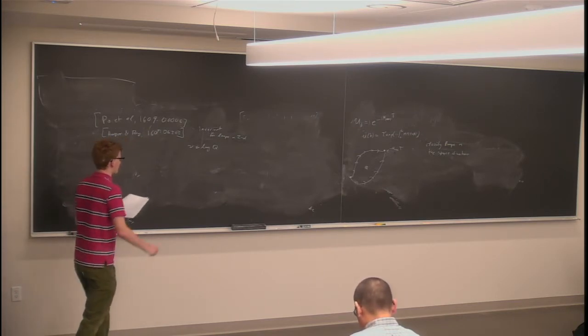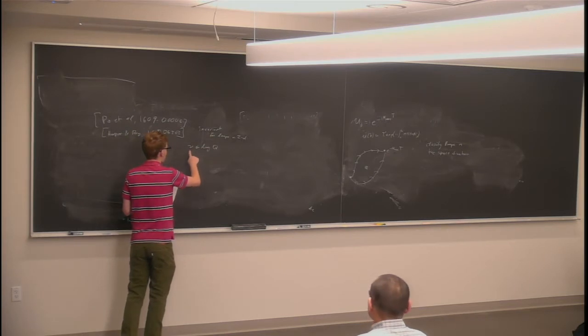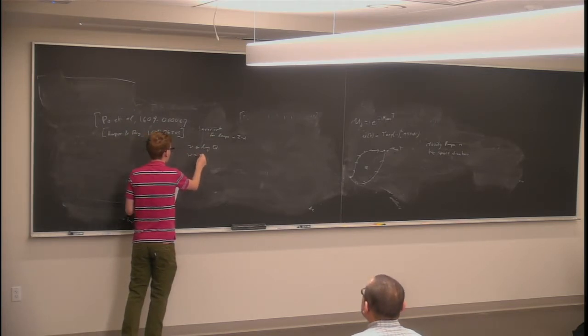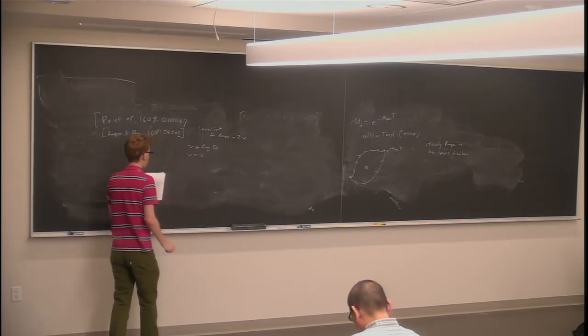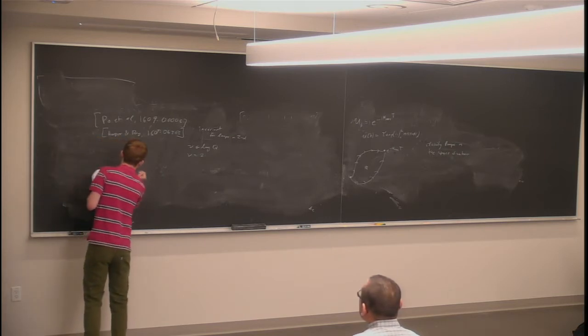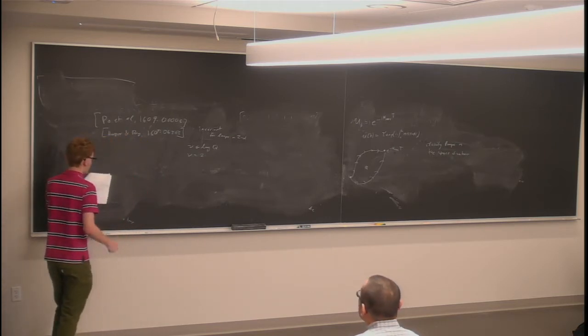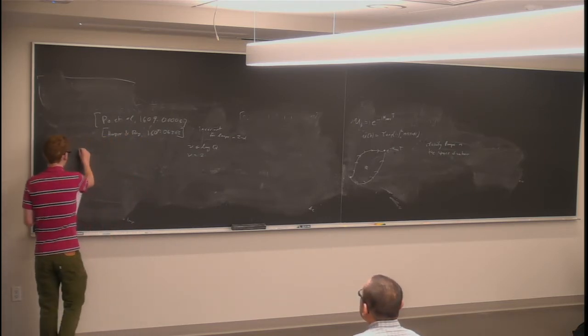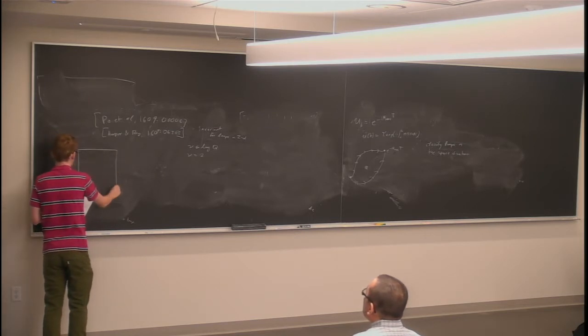To simplify, let me just consider one example of a non-trivial invariant. And so what does this resulting Floquet phase look like? So the idea is you have a 2D system.